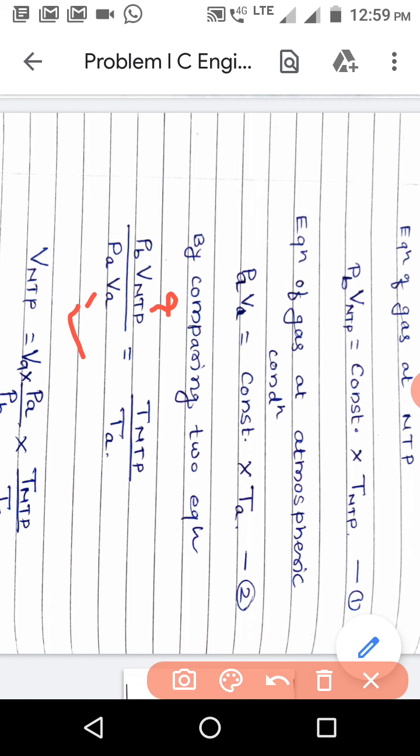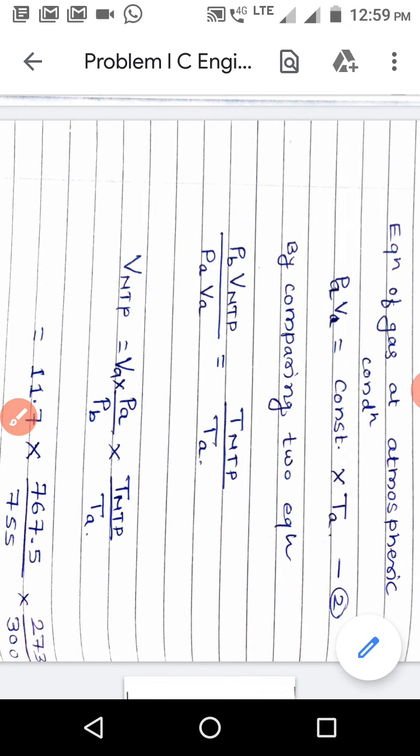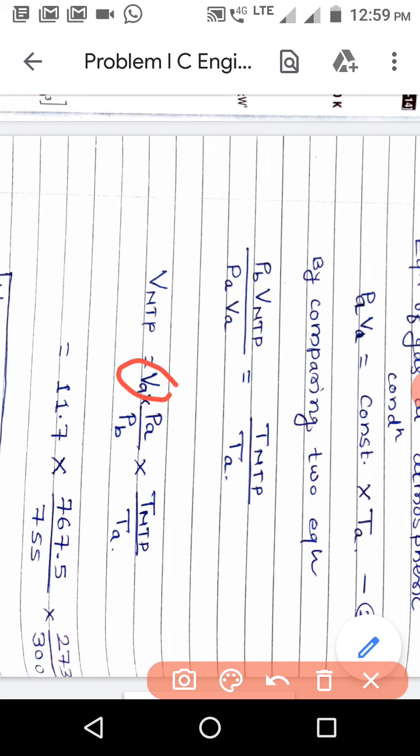So the volume of fuel at normal temperature pressure is equal to VA, the actual volume at real condition, into PA, the absolute pressure, divided by barometric pressure, into temperature at NTP divided by temperature at ambient.